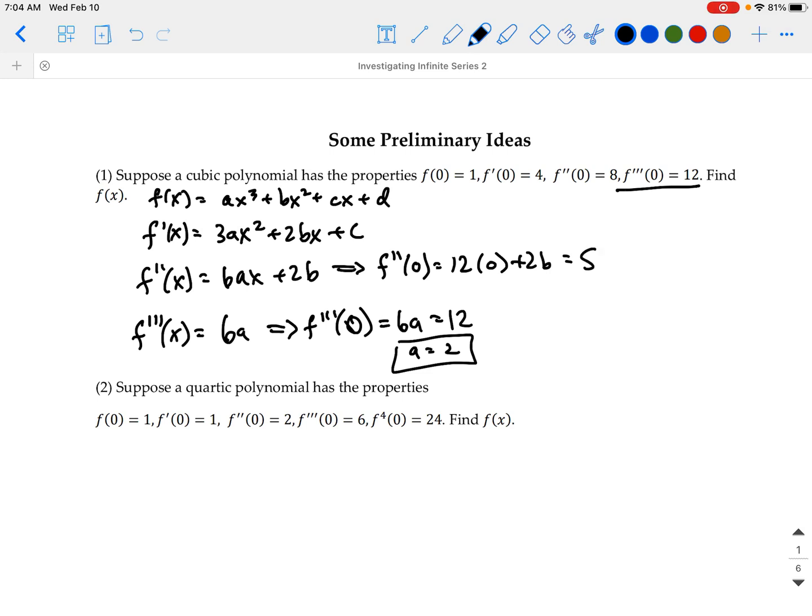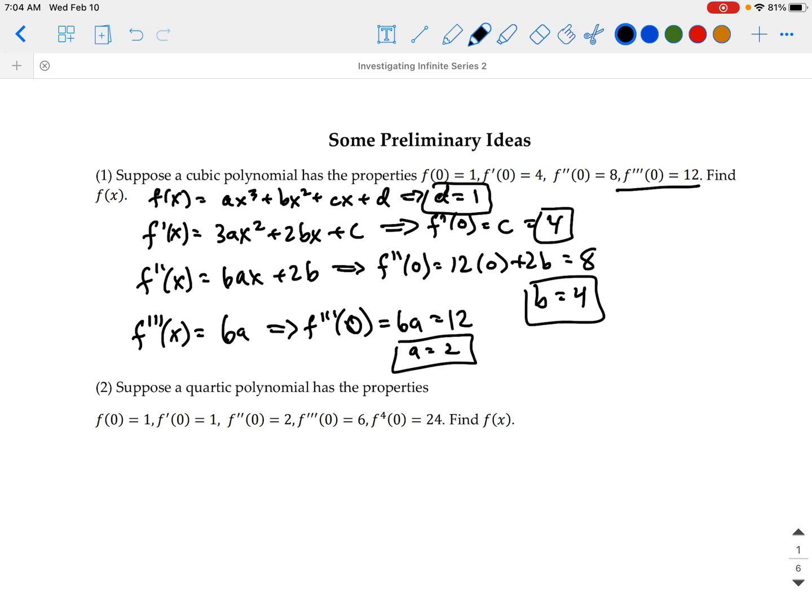Plus 2b, but we know that that's equal to 8, which means b is equal to 4. And then for f prime, again, we can ignore the x terms because they're going to be 0. So we'll get c, which is equal to 4. And then our last one is just going to give us that d is equal to 1, because all of our terms are 0.